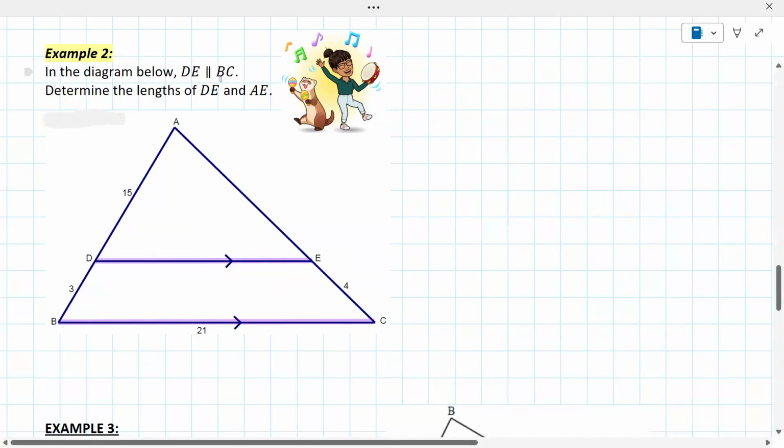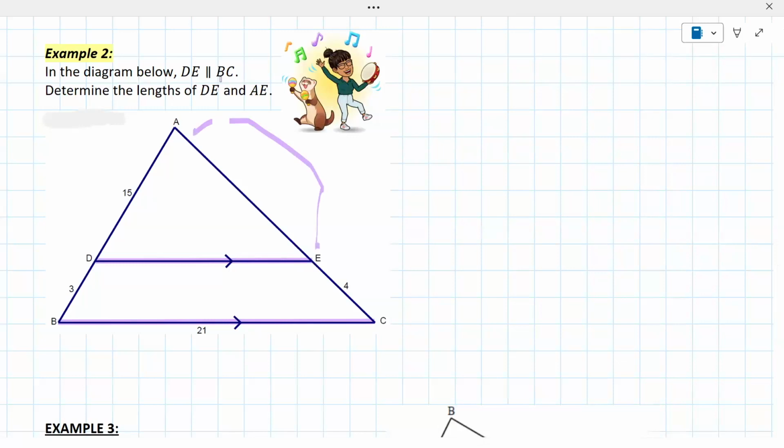Yes, you definitely can use prop theorem, and prop theorem will definitely help you to get AE. But remember, we spoke about the fact that this third side has nothing to do with the proportion. So it'd be very hard to find DE using prop theorem because I've got no information about it.